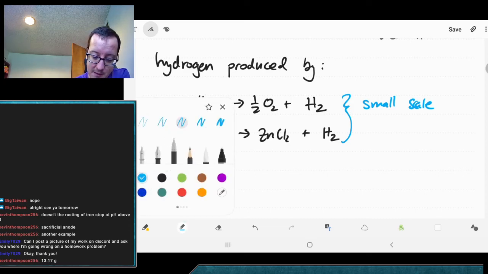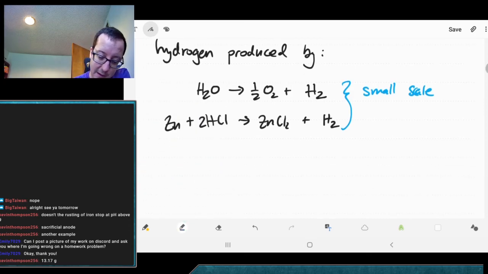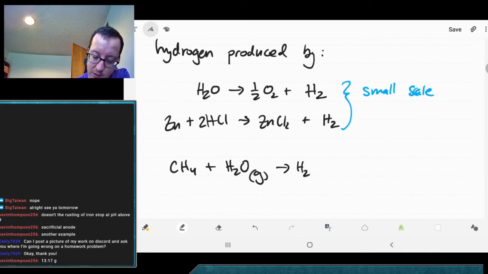So what happens typically is they'll take methane plus water. They'll make hydrogen plus carbon monoxide.